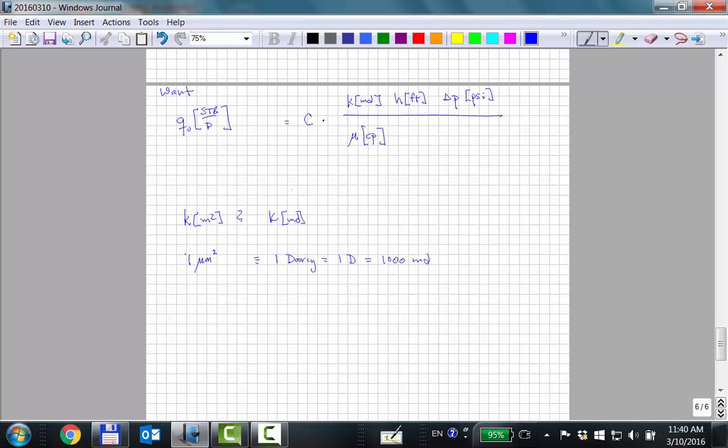Which is equal to how many meters squared? So 1,000 millidarcies is equal to 10 to the minus 6. 10 to the minus 12, thank you. You've got to square that inside.